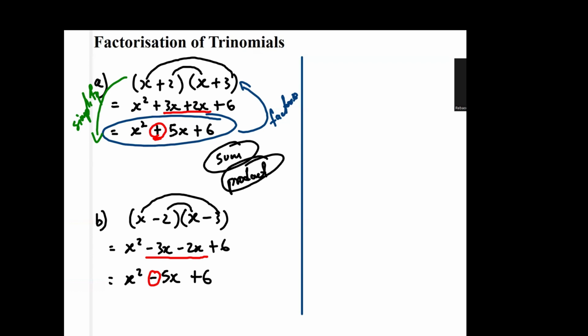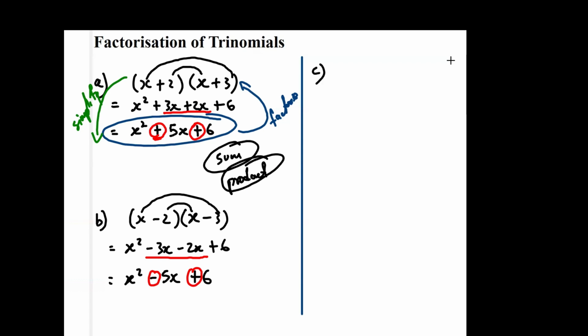Now, this will always happen as long as your trinomial is in this form. In other words, if you have plus plus and a minus plus, you will always then deal with the sum and the product. So I need you to see that, all right? And of course, I will do more examples to solidify this.